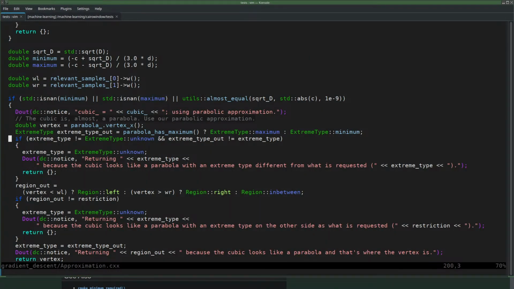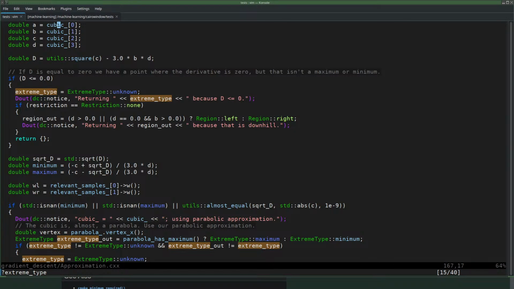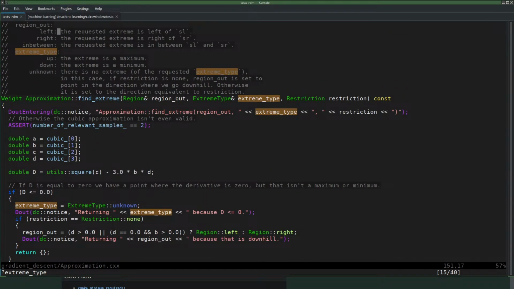So extreme type, where does this come from? That's just a function parameter. It's a reference to a variable that was passed as the second argument of find extreme.